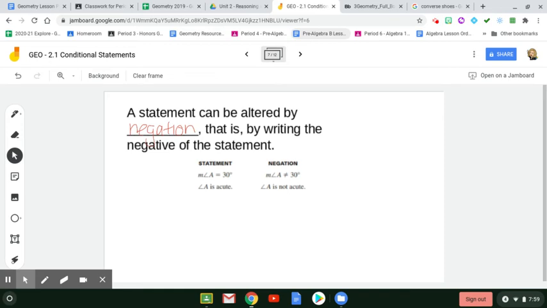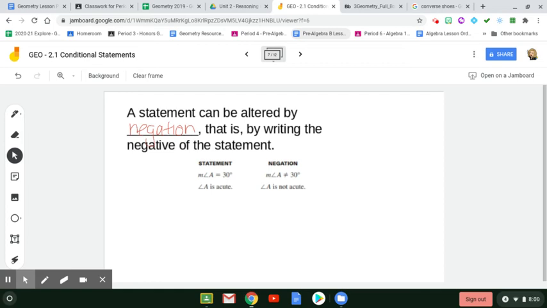So let's say a statement is the measure of angle A is equal to 30 degrees. The negation would be the measure of angle A is not equal to 30 degrees. Another example, if the angle A is acute, then angle A is not acute would be the negation of it.